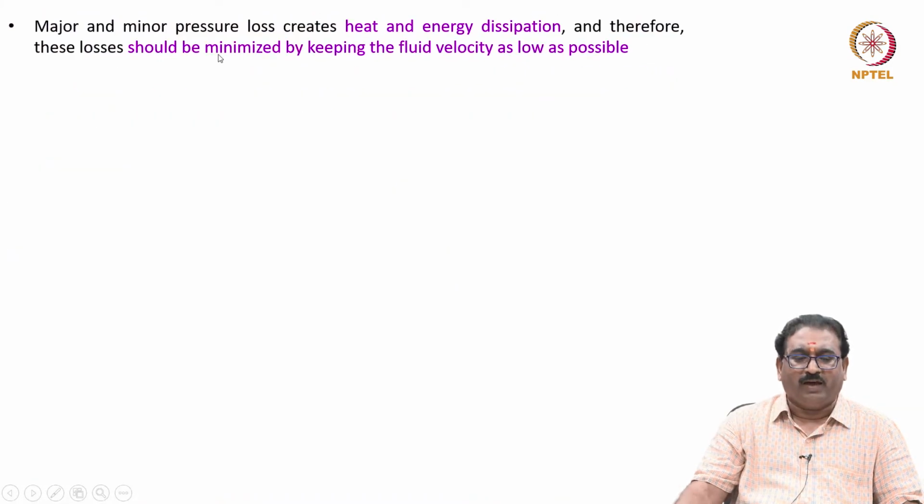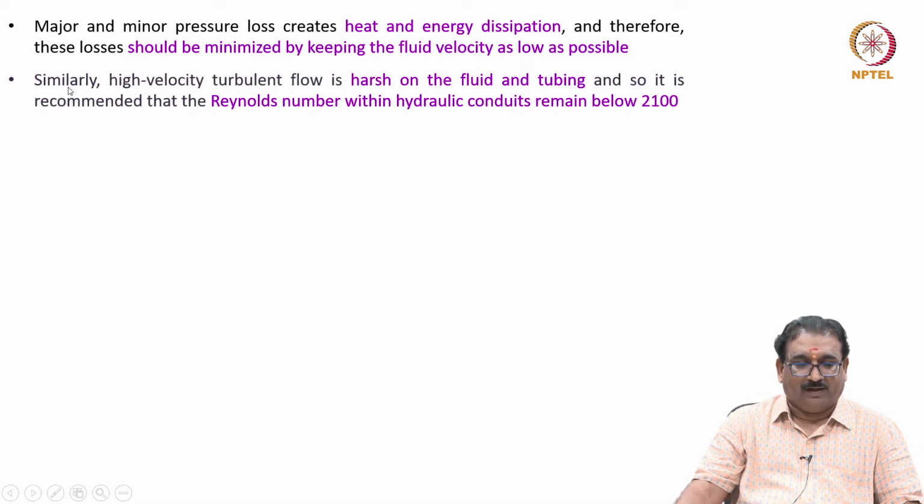geometry. Major and minor pressure loss creates heat and energy dissipation, and therefore these losses should be minimized by keeping the fluid velocity as low as possible. Similarly, high velocity turbulent flow is harsh on the fluid and the tubing, and so it is recommended that the Reynolds number within the hydraulic conduits remain below 2100.